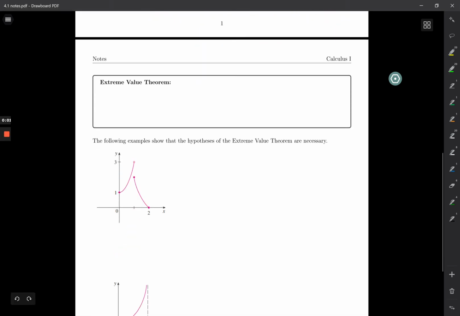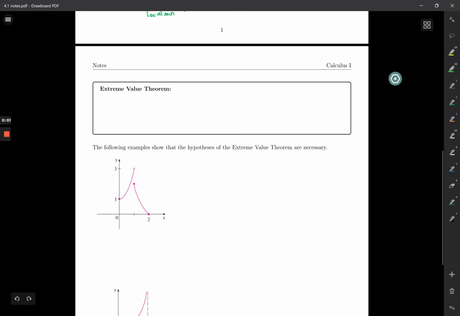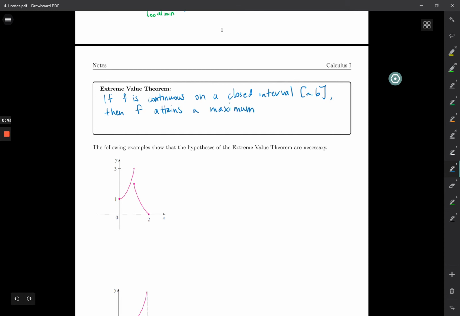Okay, so here we have the extreme value theorem, and this says that if we have a continuous function, so if f is continuous on a closed interval a to b, then f will attain a maximum value, so I should say absolute max.